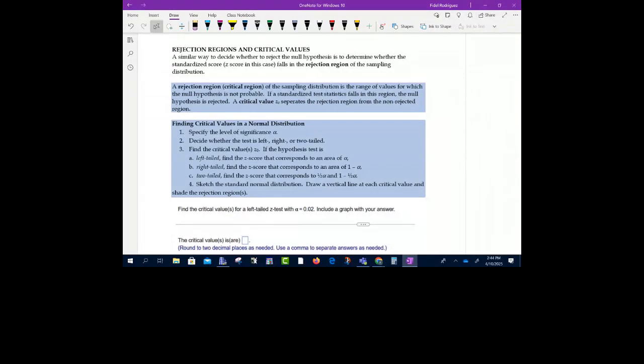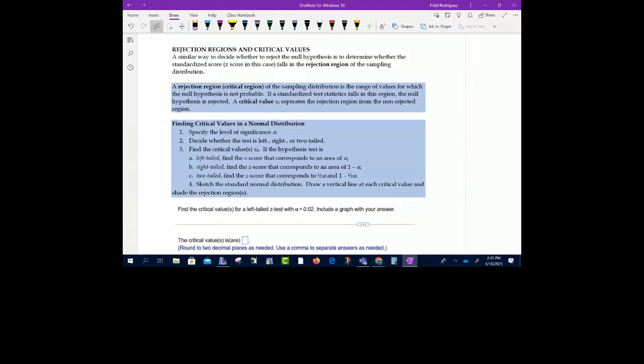A similar way to figure out whether we're going to reject or not reject is doing something called a rejection region. I'm a big fan of the rejection region. I think it illustrates the idea a little bit easier, but you tell me what you think when we're done. A rejection region or critical region of sampling is a range of values for which the null hypothesis is not probable.